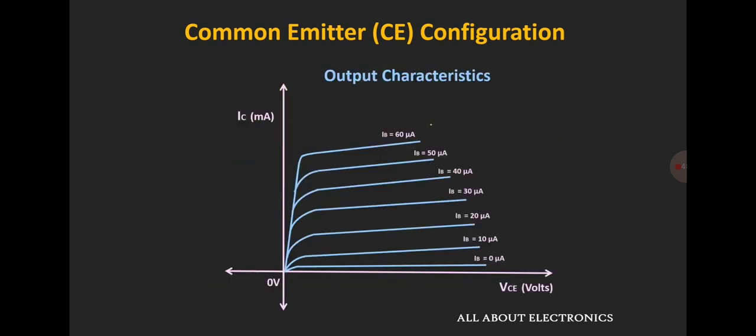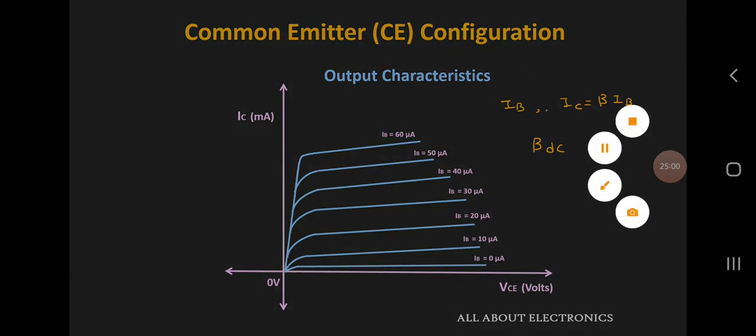Now whenever the BJT is used as an amplifier, it is used in this active region. And in this region, the base current IB gets amplified by the factor of beta. That means if IB is the input current, then the output current IC can be given as beta times IB. So this beta is known as the current gain of the common emitter configuration.